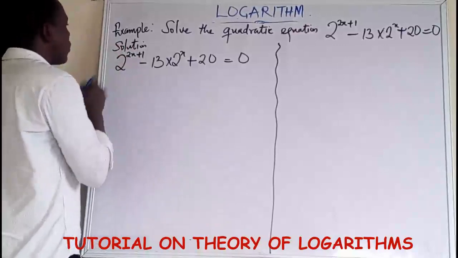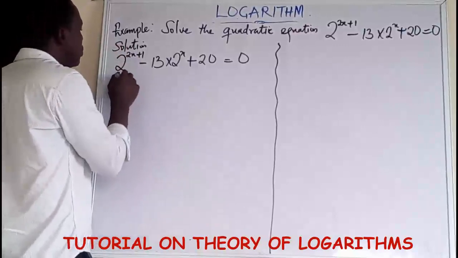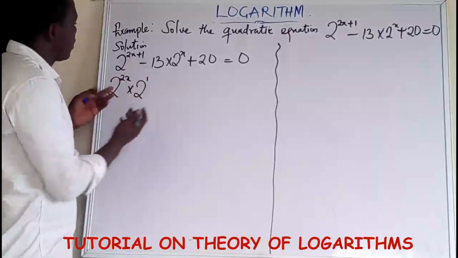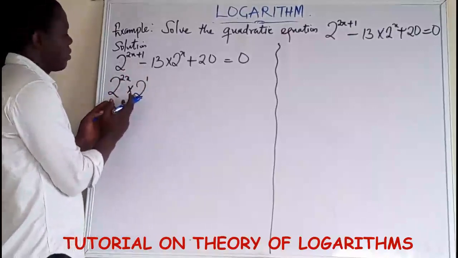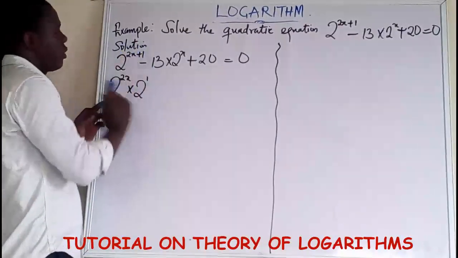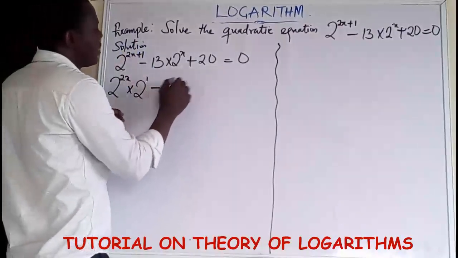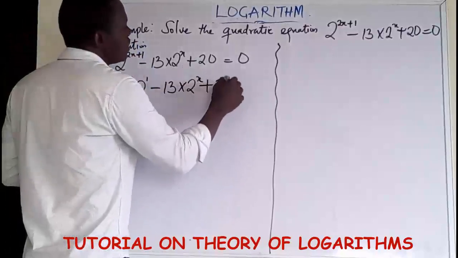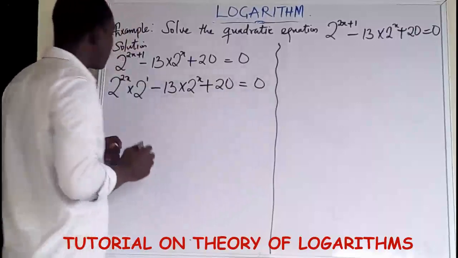So this particular one, we can have 2 raised to the power 2x times 2 raised to the power 1. In indices, when we have things like this and they have the same base number, we add the powers, that's 2x plus 1. That is what gives us this one, minus 13 times 2 raised to the power x plus 20 equal to 0.